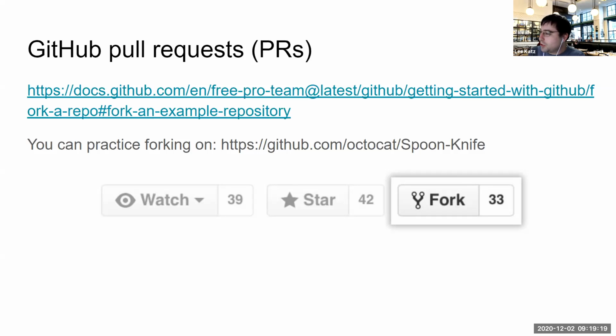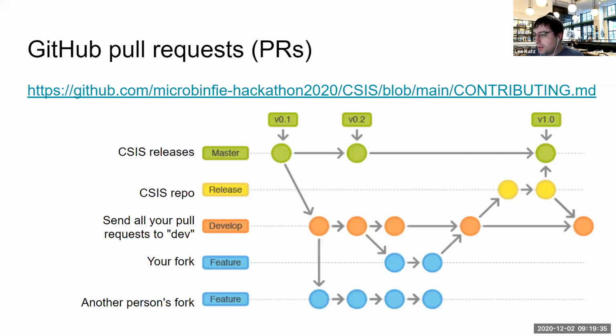So you just click on that fork button to fork it, practice it, and then later on we'll ask you to fork our repo, CSIS, and test it out, and you'll do a pull request. So the first part of pull requesting is forking it in the first place. The second part is kind of working on it on your own and then making a pull request.